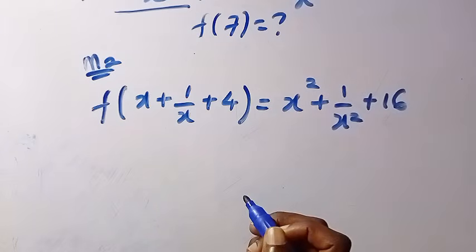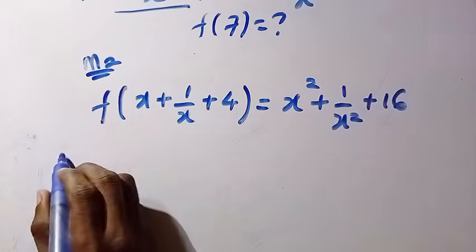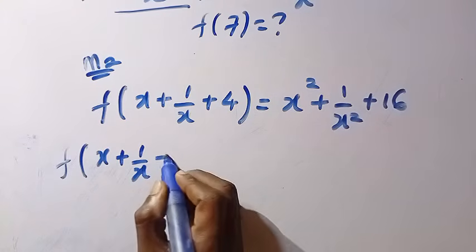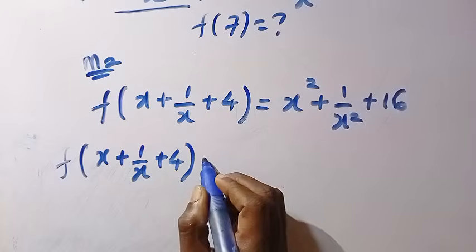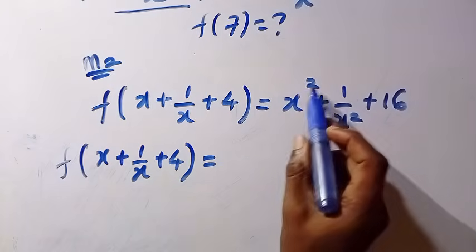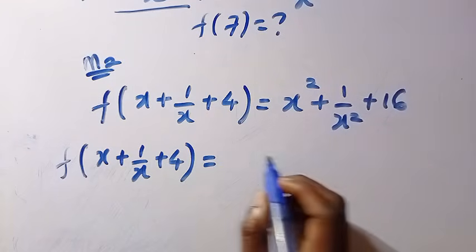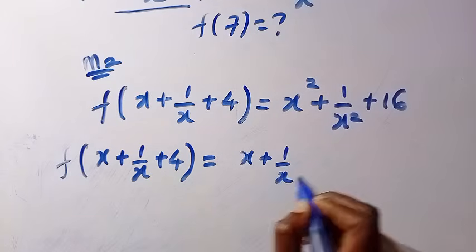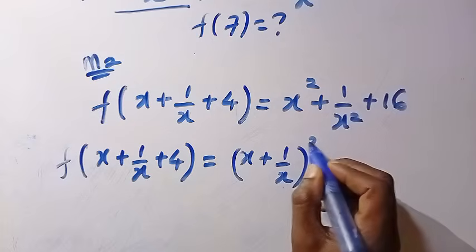So we apply the manipulation method. And how can we do that? Suppose I have f of (x plus 1 over x plus 4) equals x squared plus 1 over x squared. This is the same thing as having (x plus 1 over x) raised to power of 2.